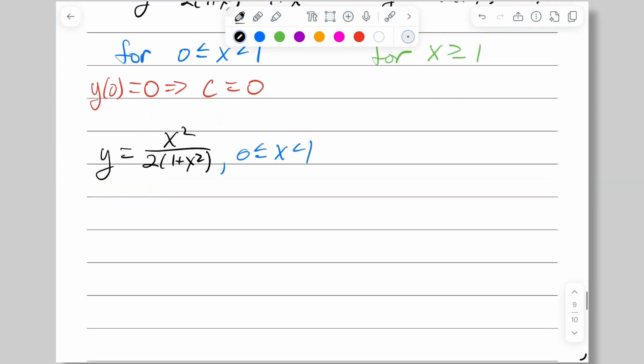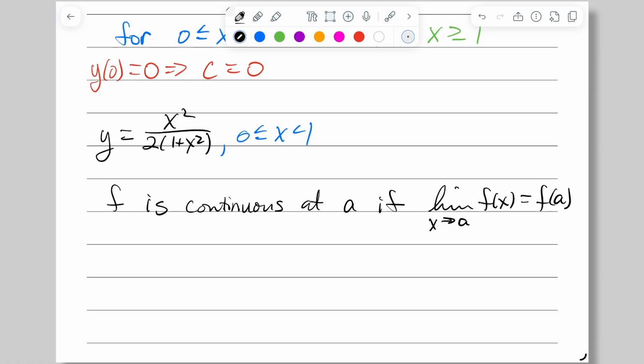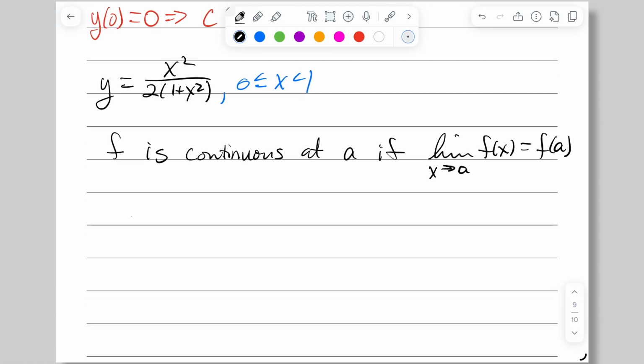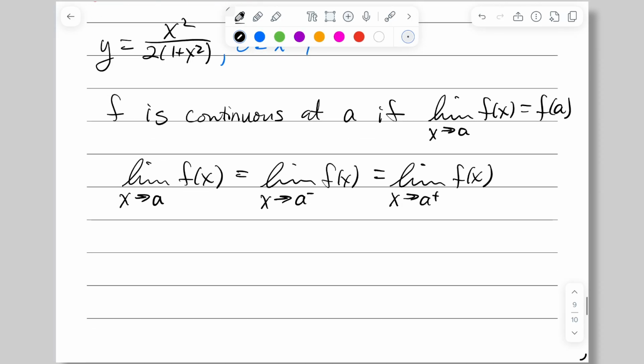Now, you might recall that f is continuous at a if the limit as x approaches a of f of x is equal to f of a, and the limit as x approaches a of f of x exists if it's the same limit for x approaching a from the negative side and x approaching a from the positive side.